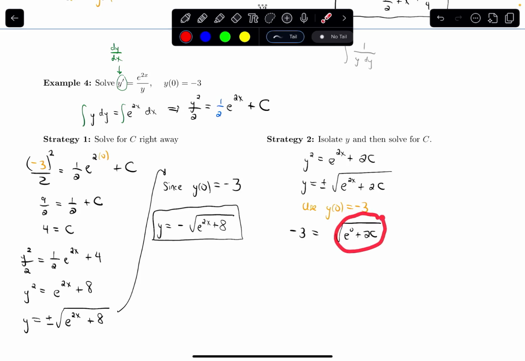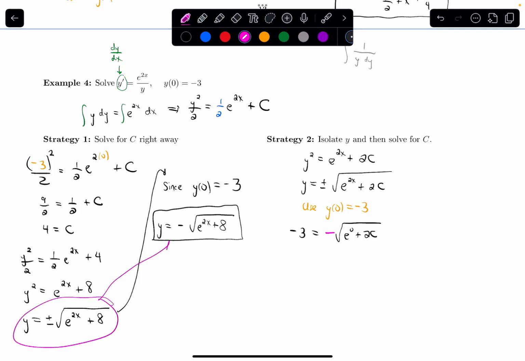Well, the square root of something cannot end up being negative. I can't get a negative number out of the square root. So the only way for the right-hand side to end up being negative 3 is if it's a negative in front of the square root. Okay, that's very similar reasoning to what we said earlier for why it was a minus in front of the square root. All right, so let's multiply both sides by the negative now.